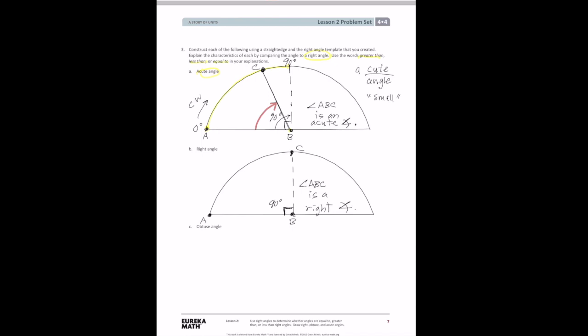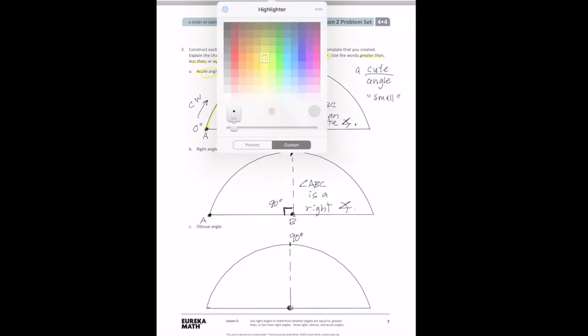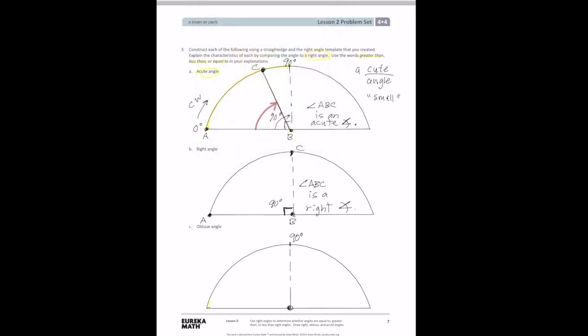And then lastly, I'm sure you can guess this one. We're looking to explain what an obtuse angle is. So the definition of obtuse must be greater than 90 degrees. So that's 90 degrees. Anything beyond this point would be considered obtuse.